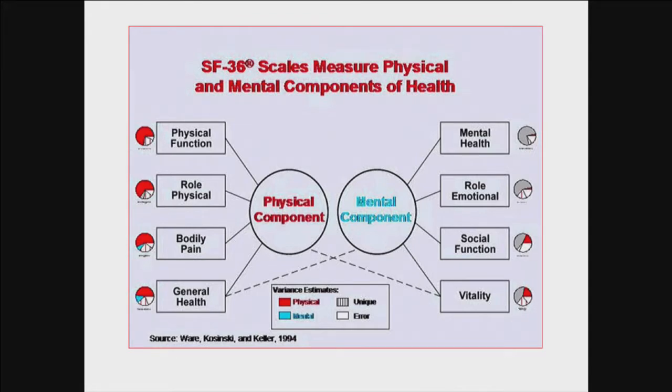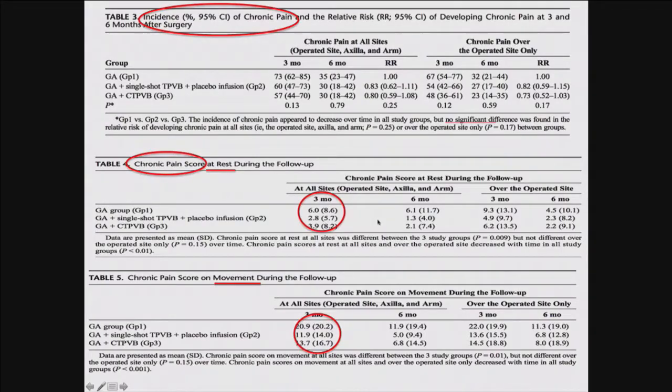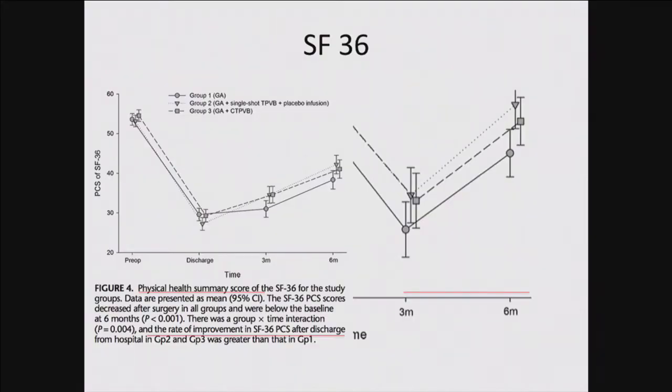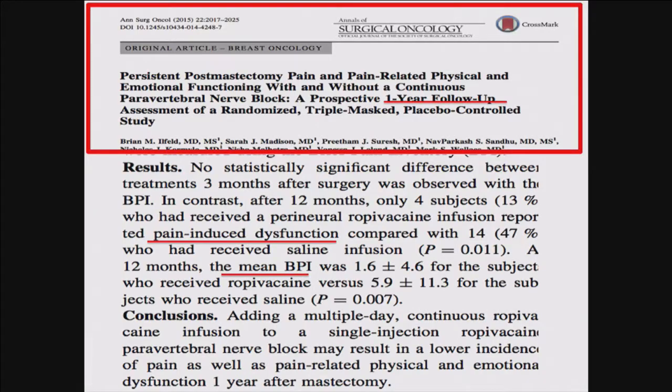He used this time an SF36 scale that is looking at both the physical and the mental health of the patients, and showed that patients having had a paravertebral block did much better than those who had nothing at all.